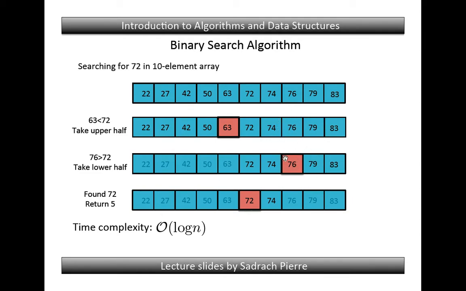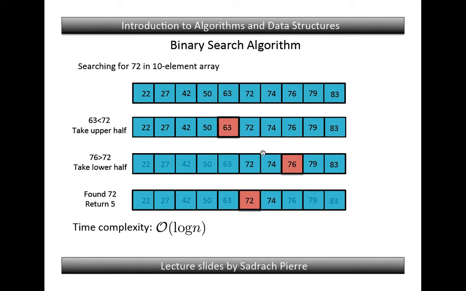So we look at the middle index of this upper subarray and we compare the value at the middle index to the value that we're looking for. Compare 76 to 72 and we see that 76 is greater than 72. We continue by taking the lower half of the upper subarray, which contains 72 and 74.